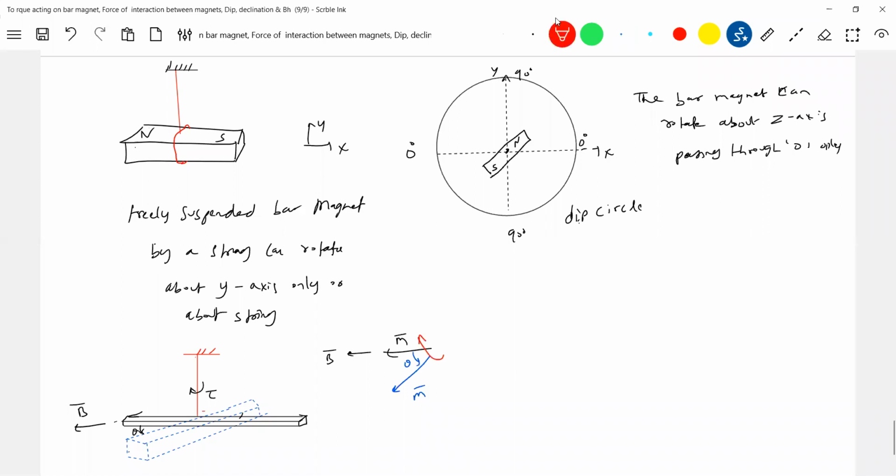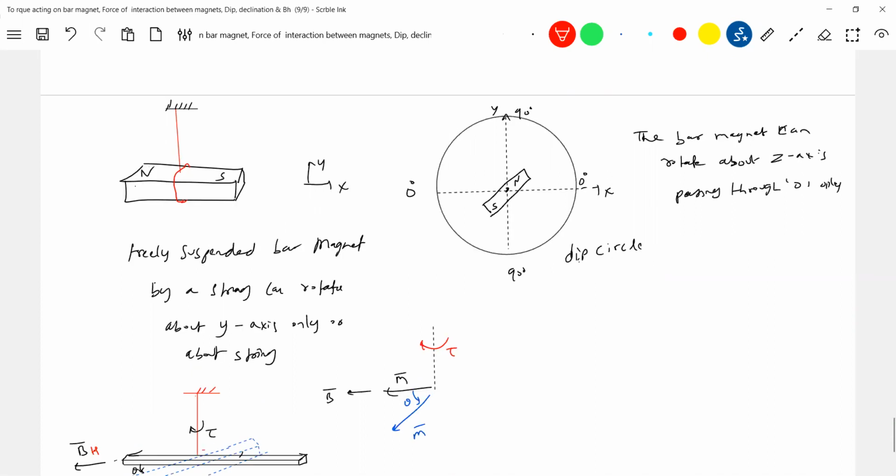Since you are very good at dipole moment from earlier, I'm taking help of that idea here. What makes the bar magnet come back again? There's some field. What is this field? This is the horizontal component of the field. The horizontal component of the magnetic field will bring the bar magnet back to its equilibrium position.